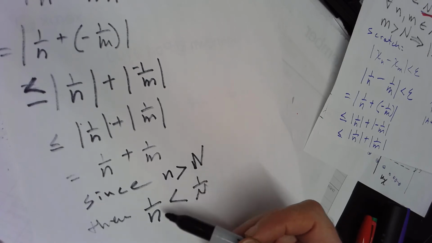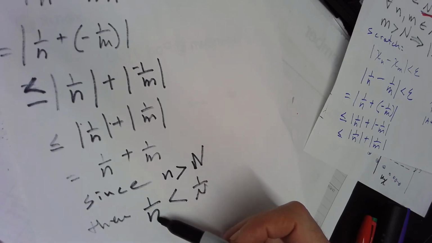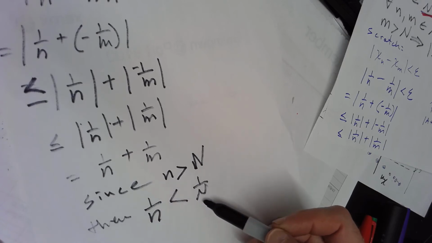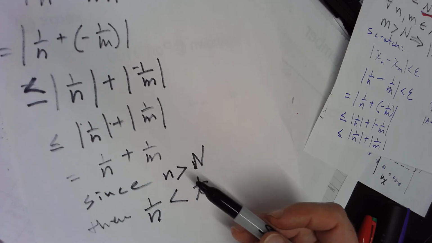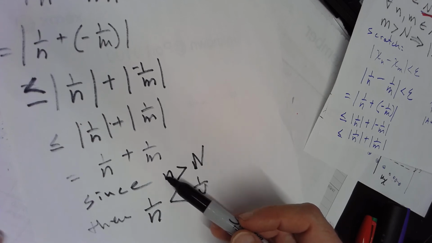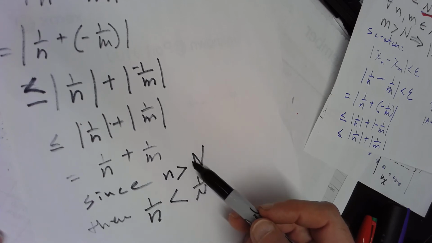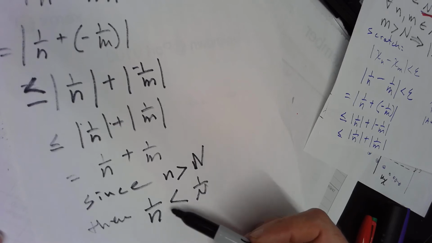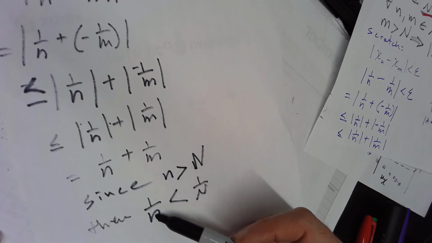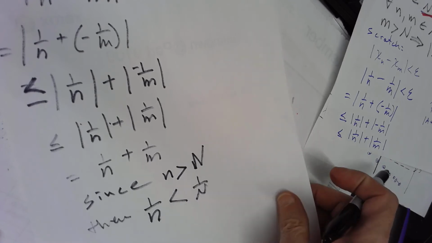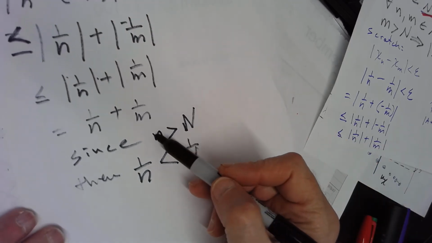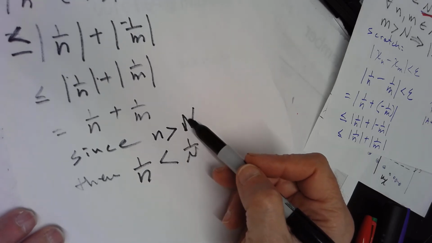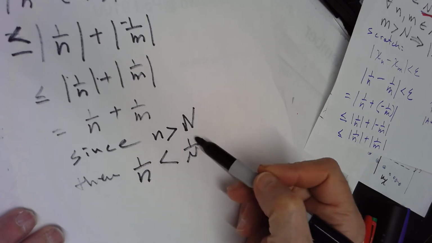Because the larger the denominator, the smaller the fraction. So 1/3 is smaller than 1/2, right? So if n is larger than uppercase N, then the fraction is going to be smaller because these two numbers are the same. So if lowercase n was 3 and uppercase N was 2, then 1/3 would be less than 1/2.